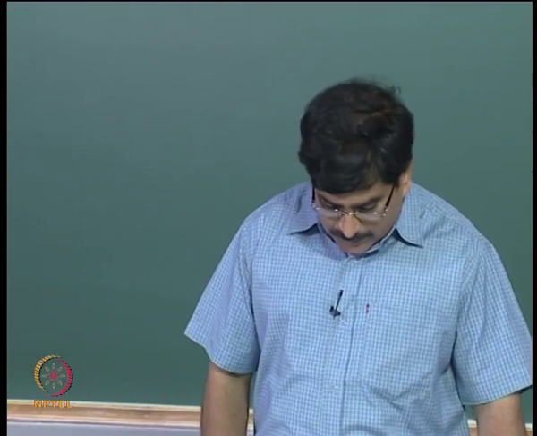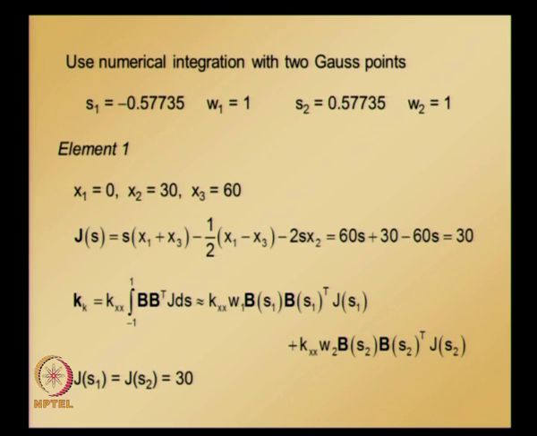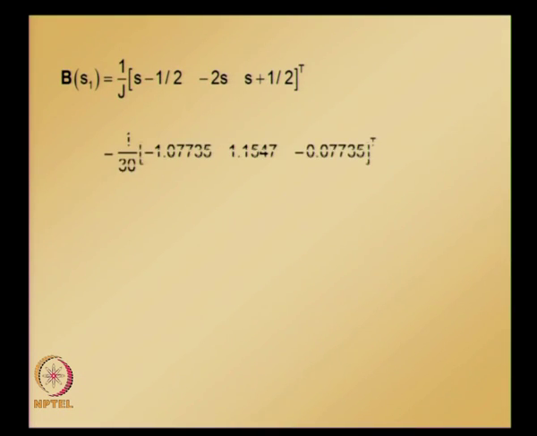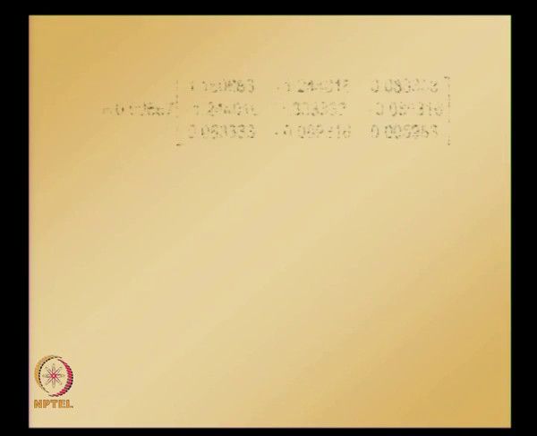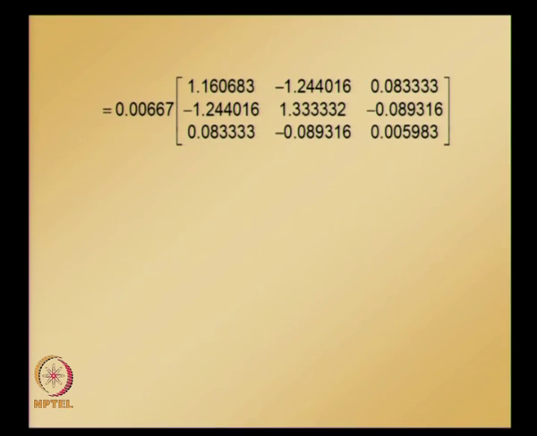So, substituting all this, and also B, which is a vector of shape function derivatives, once we have these quantities, we can plug in and get the integrand value at integration point 1 multiplied by weight, and the simplified form of that.